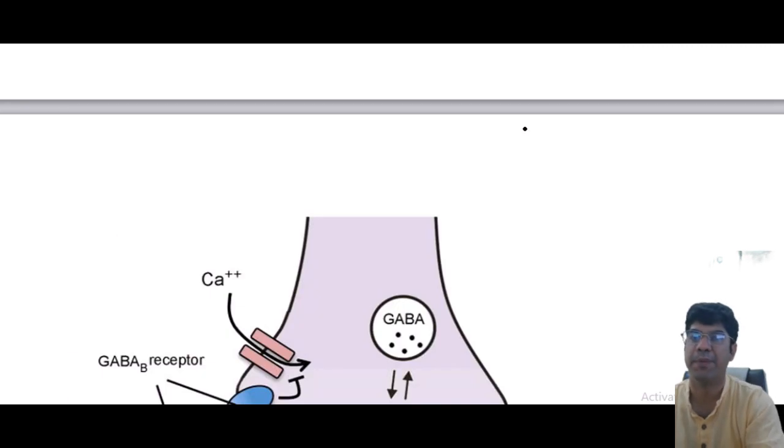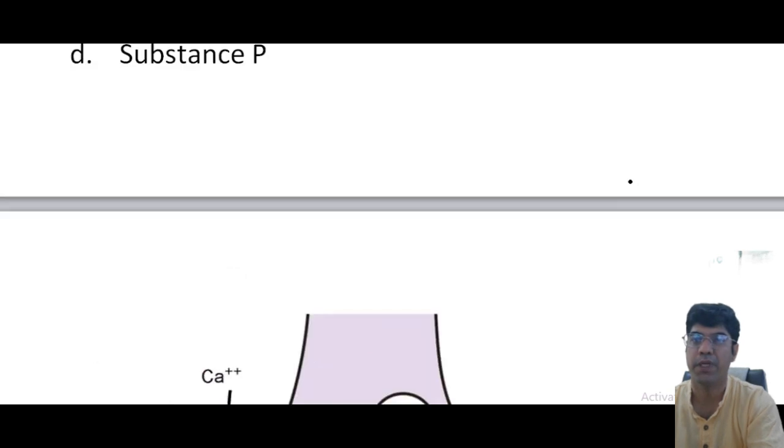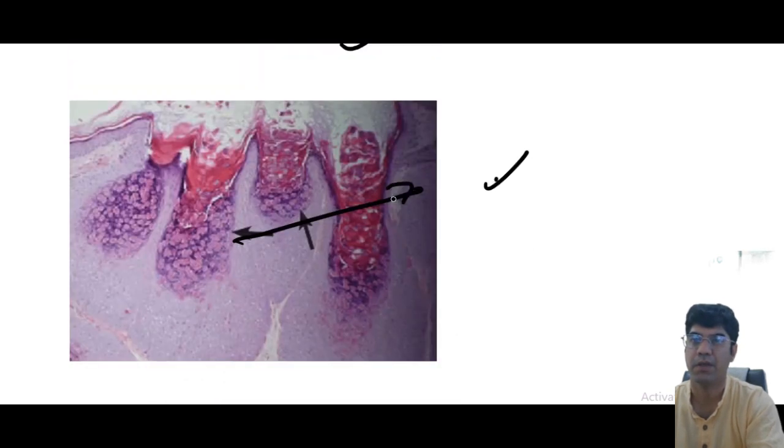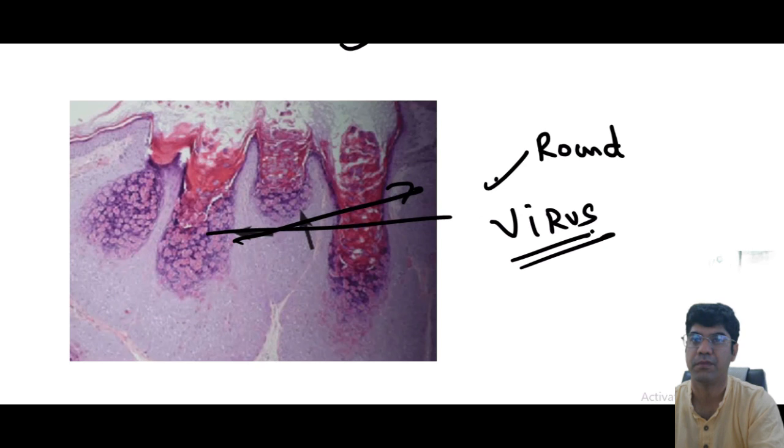These bodies, remember, are round cytoplasmic inclusions found in the infected cells, and these are regarded as the cellular response to the presence of the virus. These bodies are named after Henderson and Patterson, and they are the characteristic cytoplasmic inclusions seen in molluscum contagiosum, a viral skin infection.